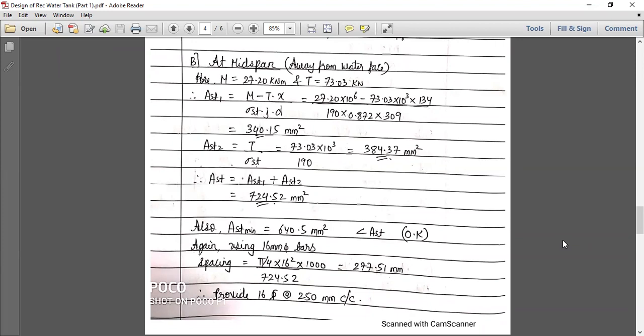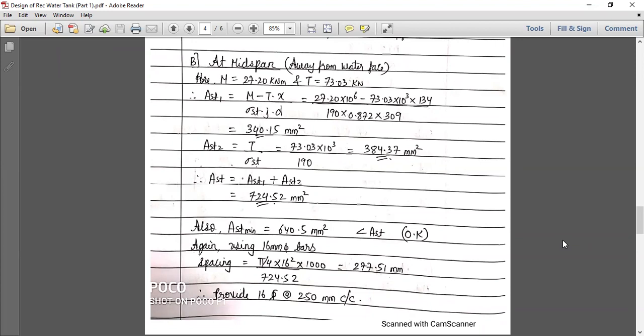Okay. So total AST is around 1900 or 2000. Okay. So now what diameter you will select for this total AST?